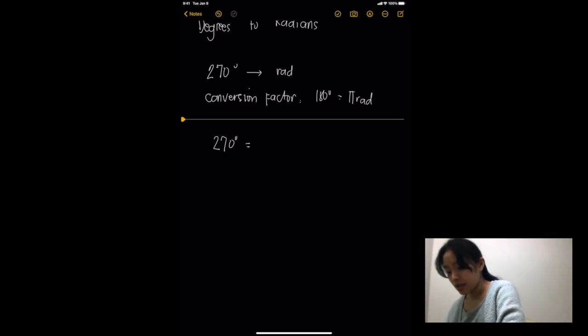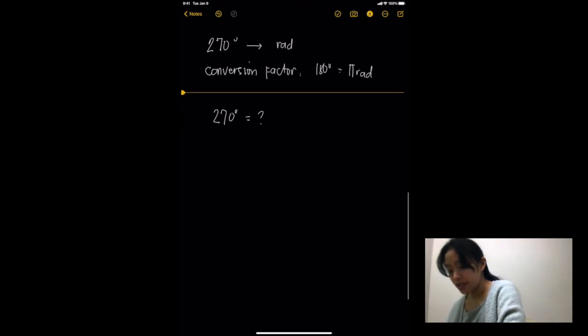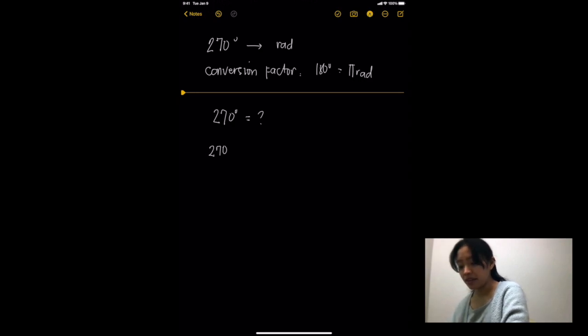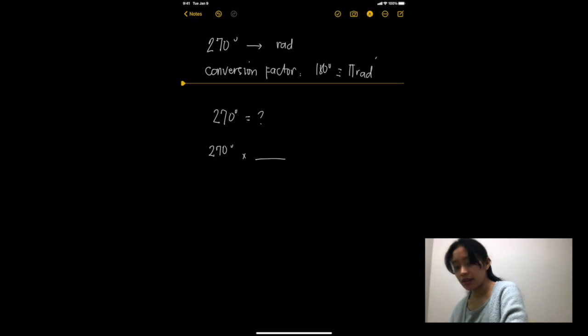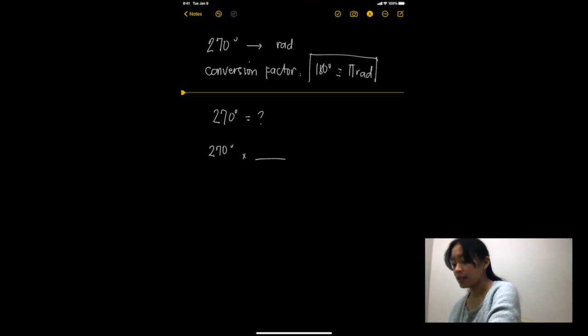Okay, so let's start with 270 degrees and convert that to pi radians. So 270 degrees times our conversion factor, 180 degrees equals pi radian.